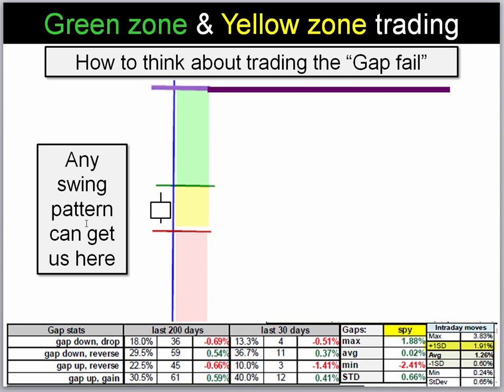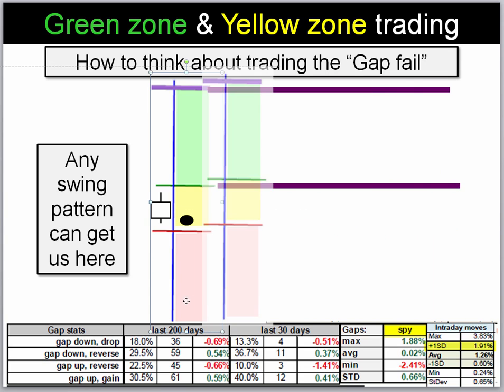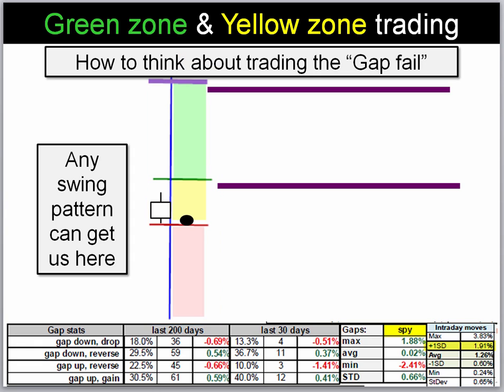And so I can set up my trade frames. I might be looking at various statistics, and maybe a swing pattern gets me inside of here, and perhaps I get an opening down in here, and then I can set my the green zone here, the start of the green zone, as my price target, and then I might set my stop here, so that if I can get a favorable move in this direction, and I can get to the green zone, then I will have an additional entry.